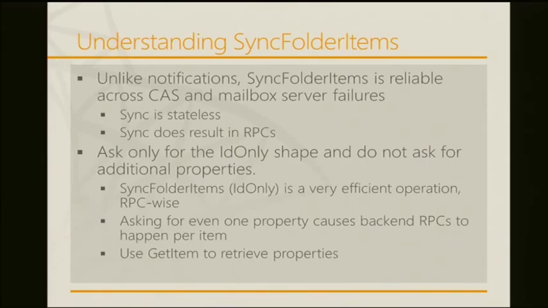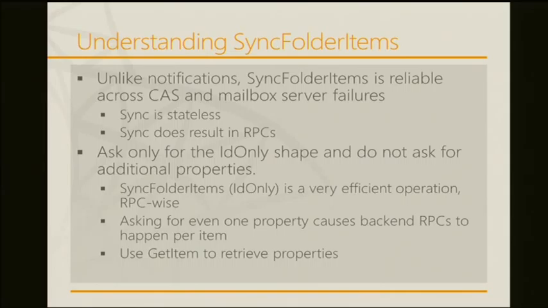So just like a find item, we only want to ask for the properties that we need, and really the only thing we need from sync folder items is tell me the IDs of the items that were created, updated, or deleted. You don't need to know anything else.